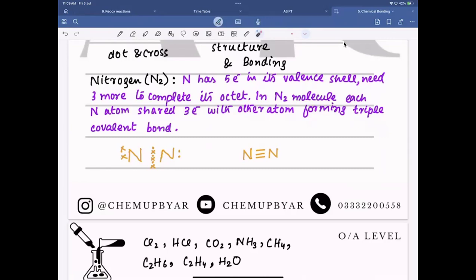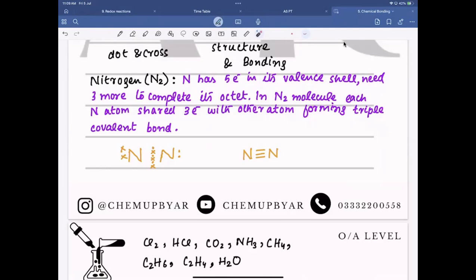And over here, it's C2H6, so 2 carbon atoms. They share 1 electron with each other, and the rest of the 3 electrons with the hydrogen. So see, in each case, the octet of all the atoms is completed except hydrogen.